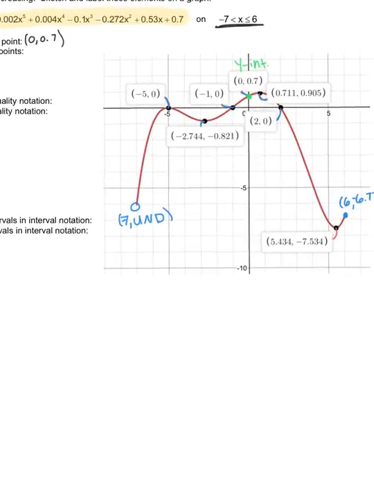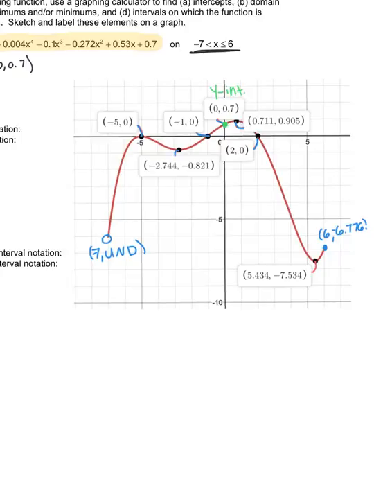Okay, the next part is asking about x-intercepts. X-intercepts are where the graph crosses the x-axis. That happens 3 different times. So it happens here at (-5, 0), (-1, 0), and (2, 0). Those blue lines that are there, I tried to draw those to connect it to the points that were being represented.